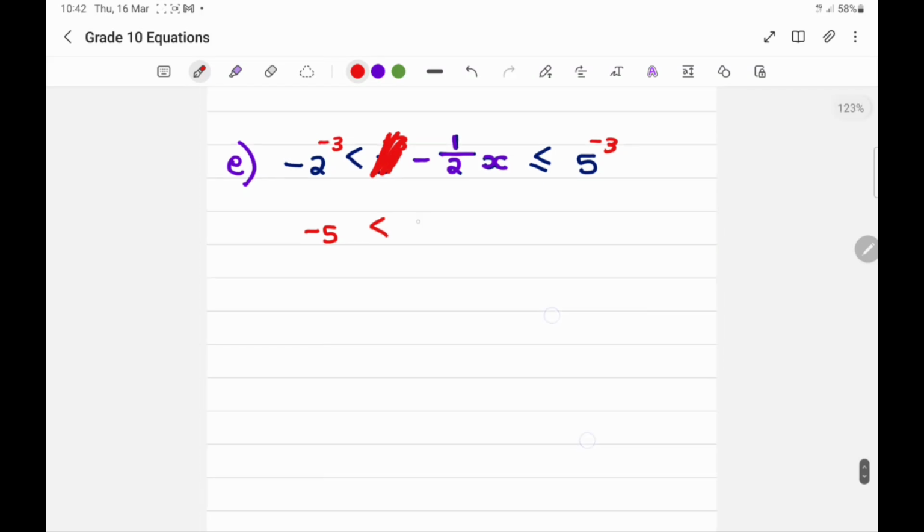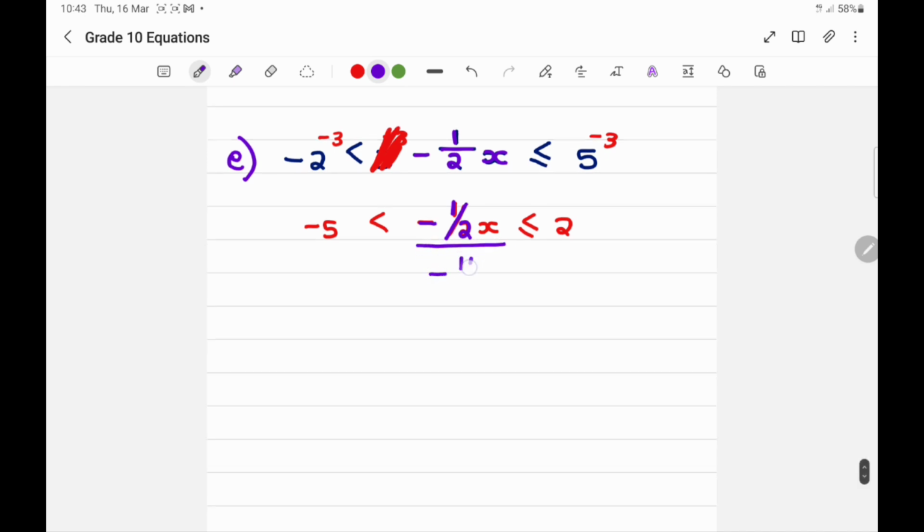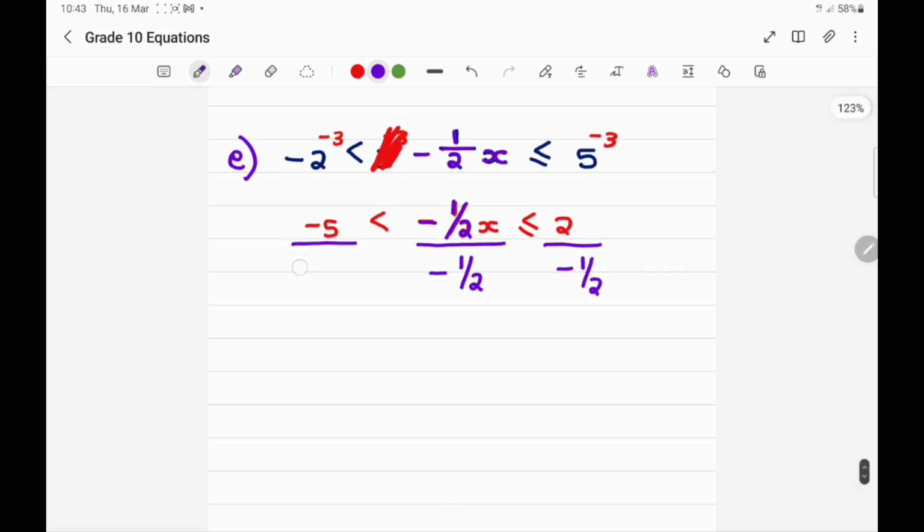Let me rather just scratch it out, and I'm left with -1/2x. And 5 minus 3 is 2. And now we can say, what is in front of the x that I don't want there? A -1/2. So I'm going to divide away with a -1/2. But now I want you to have sirens going off in your head.